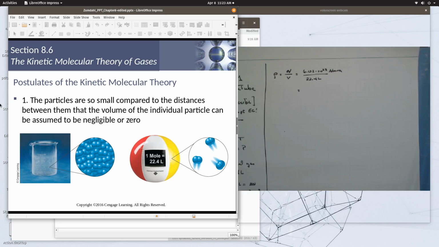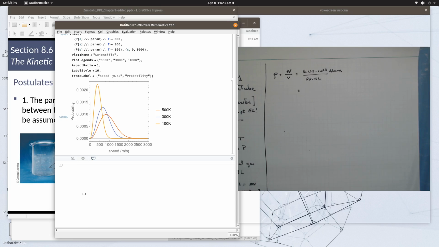So now I can do this very easily. Let's just use Mathematica to do this rather than pull it out on a calculator. 6.02 times 10 to the 23 divided by 22.4 liters, and that gives me that the density is the number density of atoms, the number of atoms per liter.